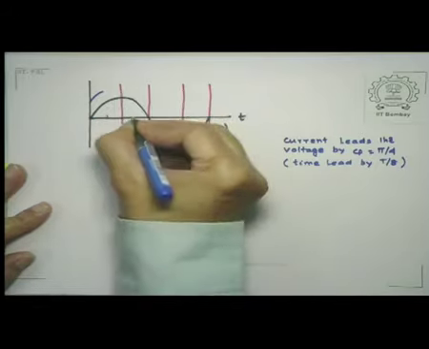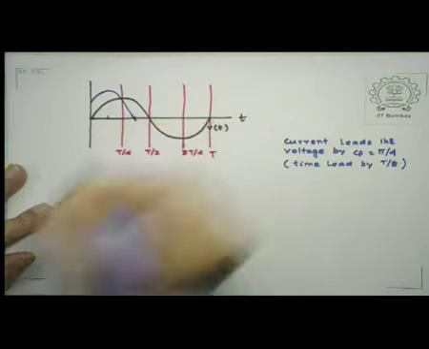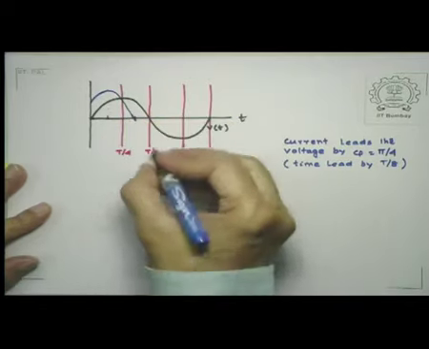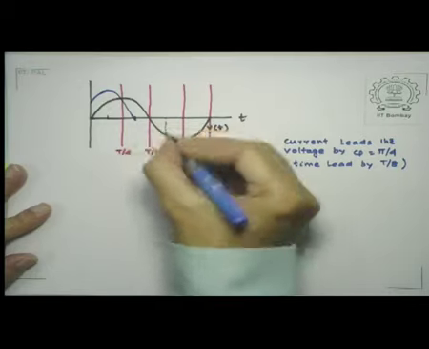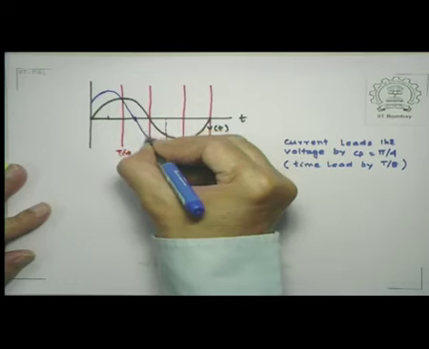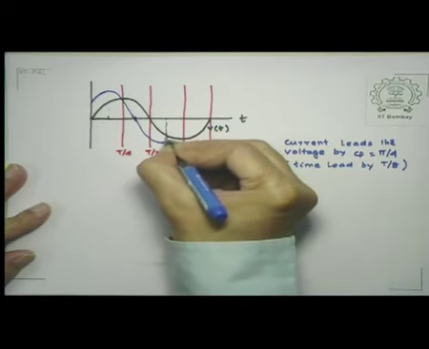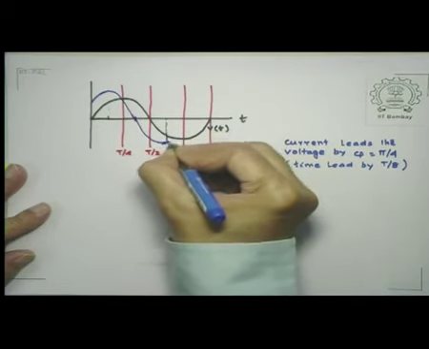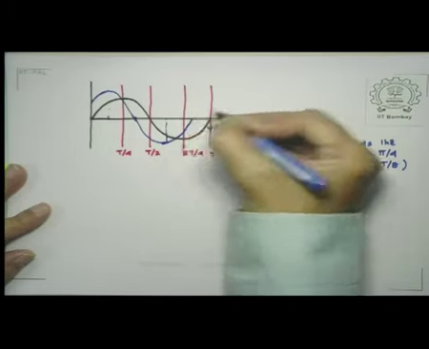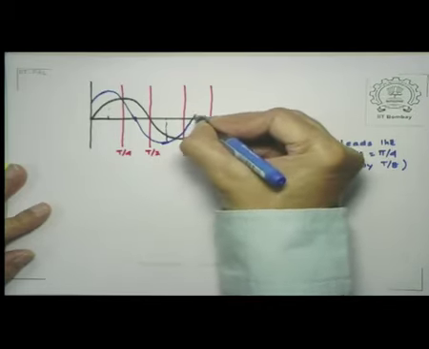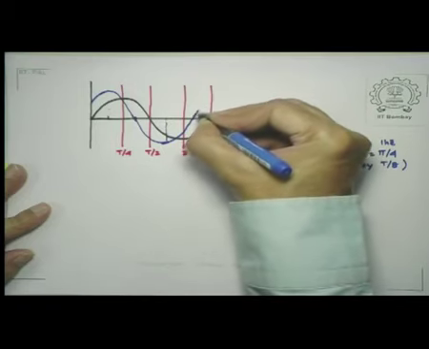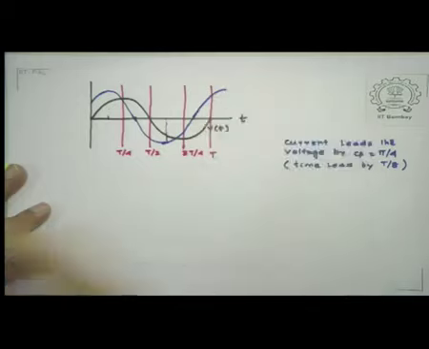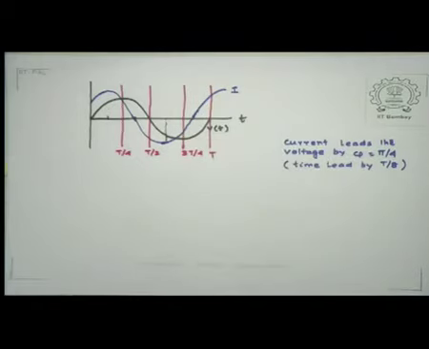So this is the way the current would go, and likewise another T/8 later it will become maximum. So this is current.